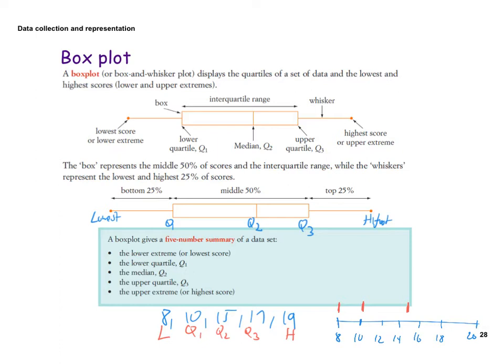Won't be perfect, but this would be a general box and whisker plot if that was my 5-figure summary. Okay, so 5-figure summary is the numbers, box and whisker plot is the actual picture of those 5 things. Lowest, Q1, Q2, Q3, highest.